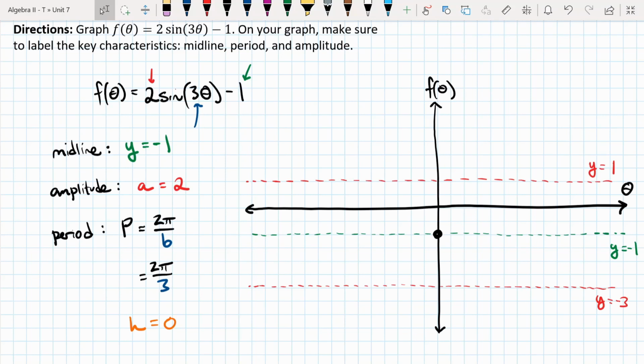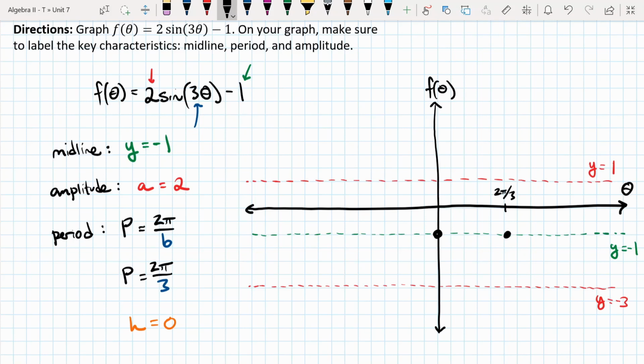So if we start here at 0, the function will repeat one cycle in 2 pi over 3 radians. Sorry, not 2 pi, 2 pi over 3 radians.